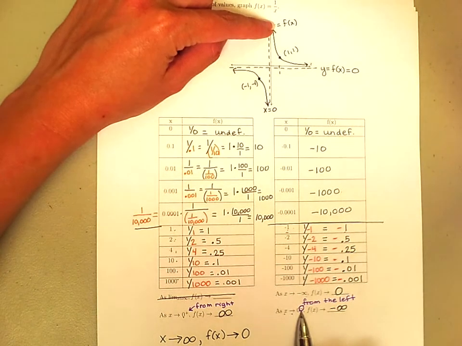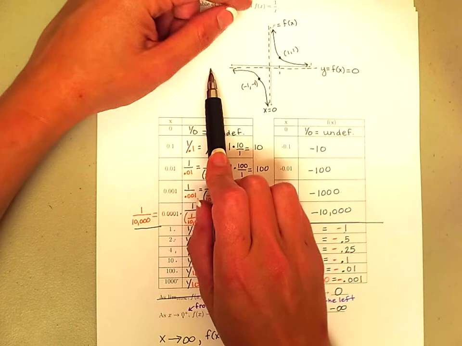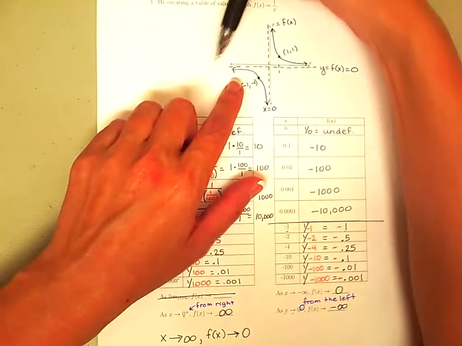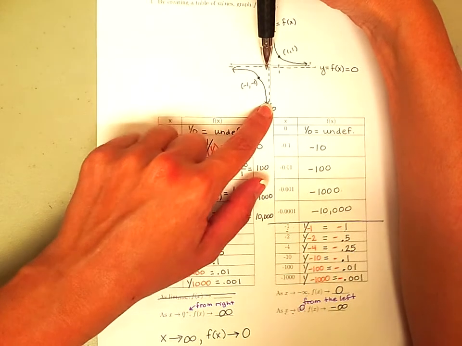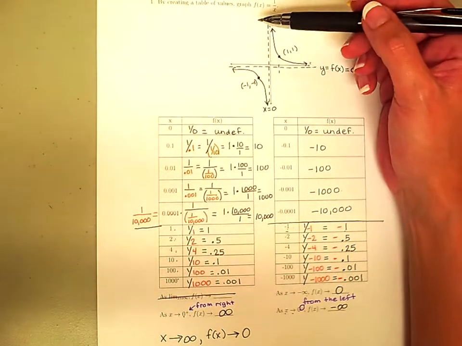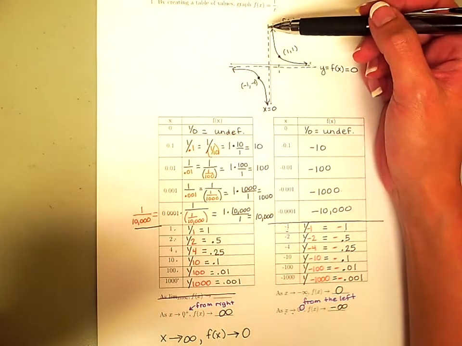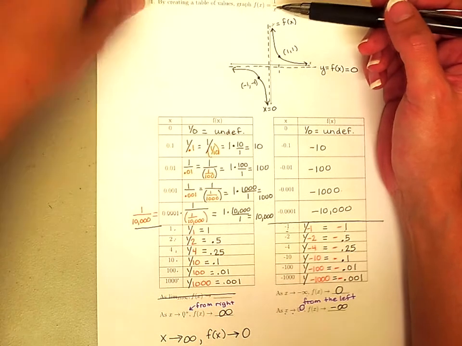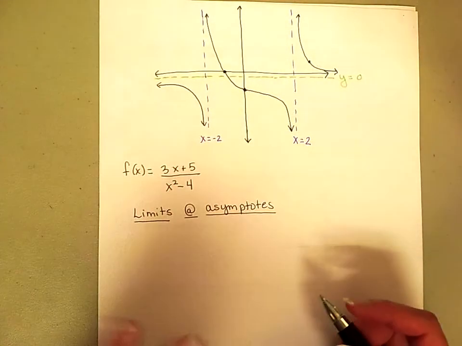Versus if we looked at what happened as x was going to 0 from the left-hand side, so here's the left, and I'm approaching from the left, the function was diving to negative infinity. And this is a key behavior about graphs around asymptotes. They will act erratically. So let's try and determine the limits at our asymptotes.